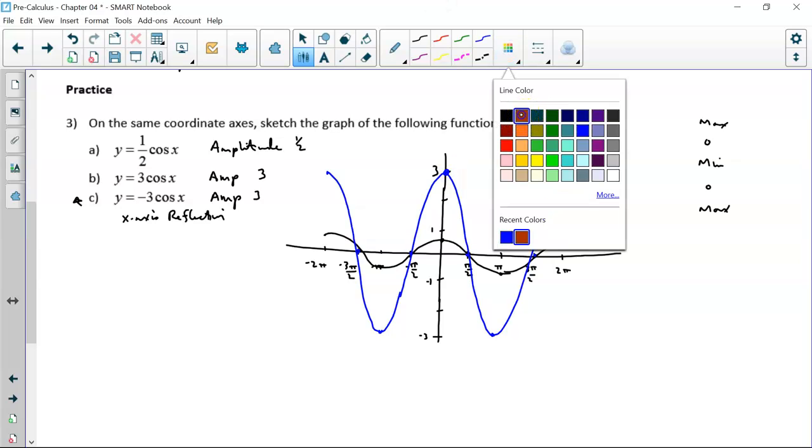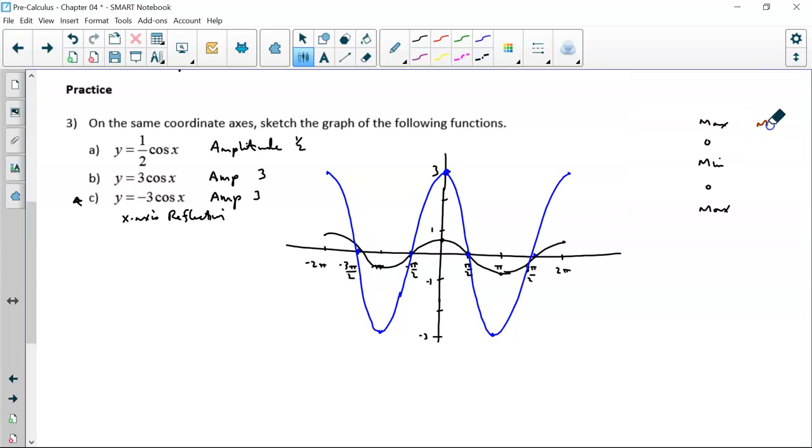And now, for the reflection. What we're doing is multiplying by negative 1. So we're not going to start at our max. We're actually going to go min, 0, max, 0, and then back to the minimum, because we're multiplying by negative 1. So for the last one, for C, we're starting at negative 3, then 0, then positive 3, 0, and then negative 3.